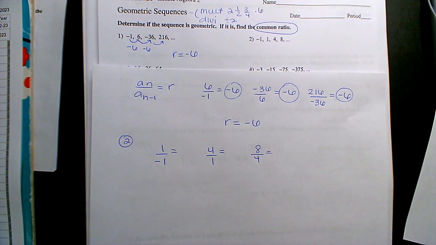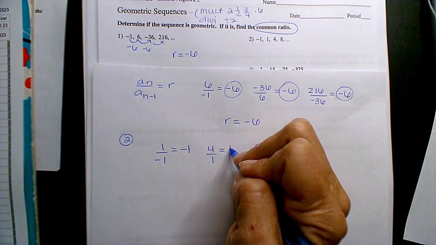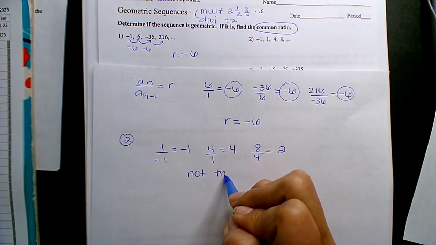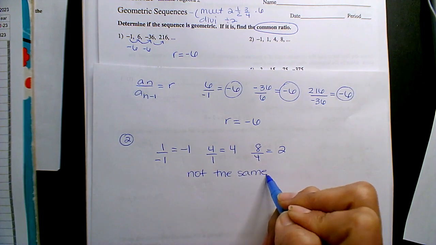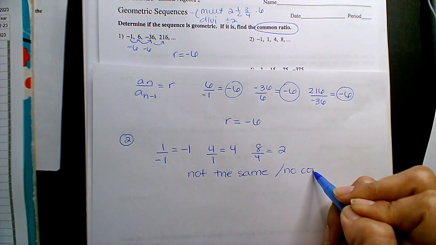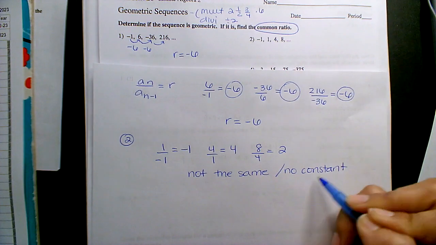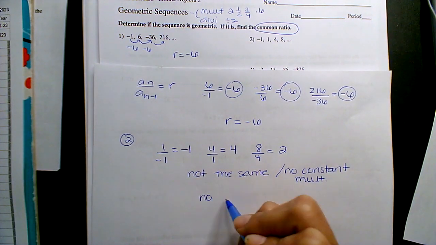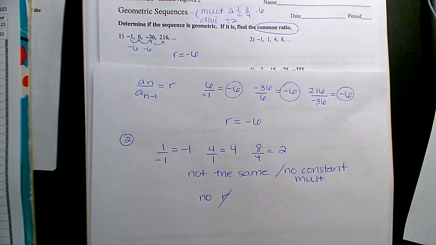So 1 divided by -1, 4 divided by 1, 8 divided by 4. And do you get a common value? No, right? Because I would get -1, I'd get 4, and I'd get 2. These are not the same. There is no consistency. There's no constant. No constant multiplication? Okay, so there is no common ratio. There isn't one, right? There's no R.